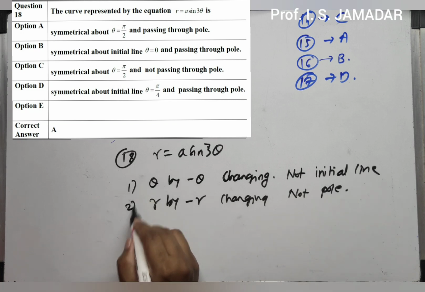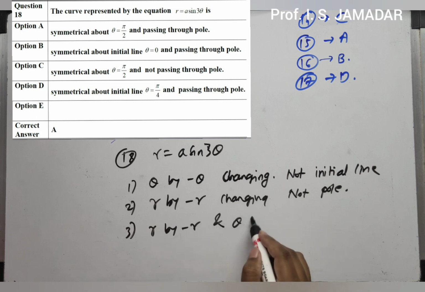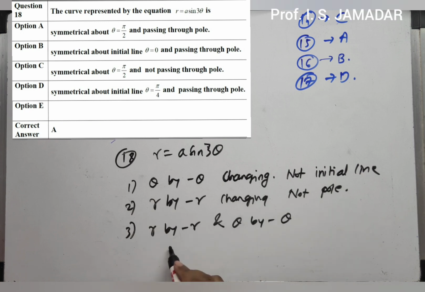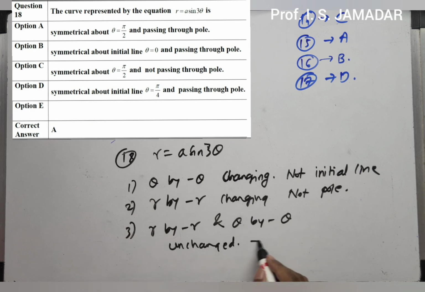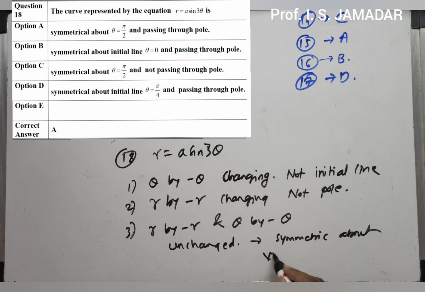But if we do the replacement both at a time, r by minus r and theta by minus theta, that equation will remain unchanged. So the curve is symmetric about the vertical axis, that is theta equal to pi by 2.